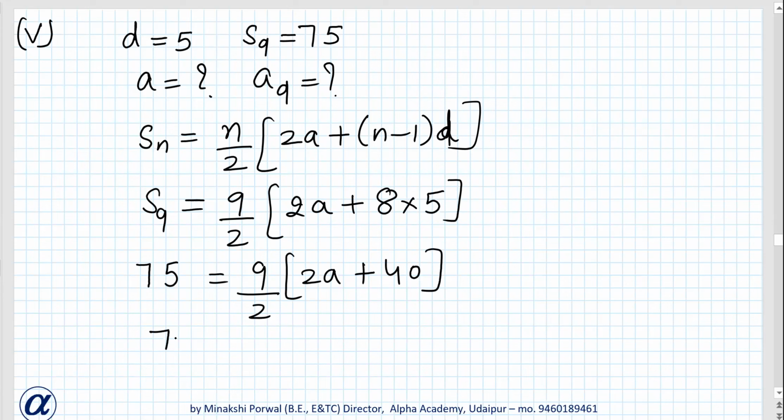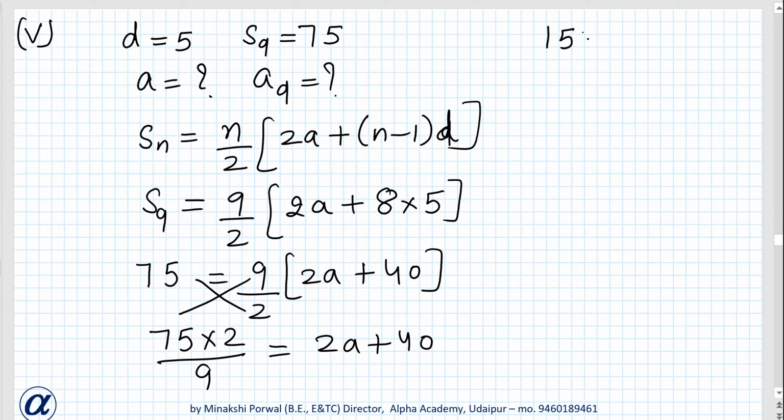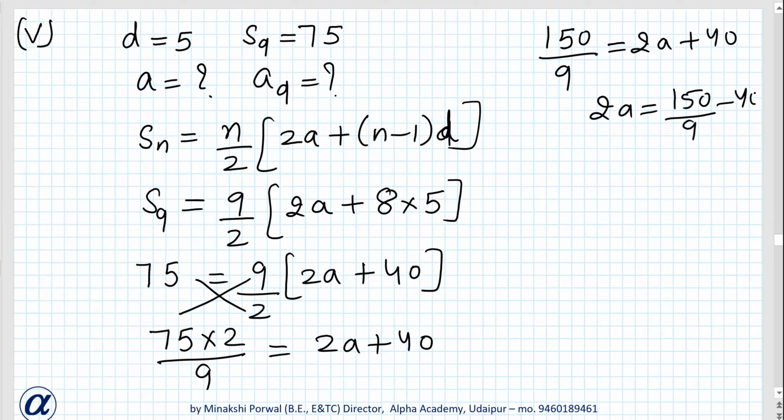So 75 equals 9 by 2 times 2A plus 40. So this will be 75 into 2 upon 9, basically we are sending this here, equals 2A plus 40. So 150 upon 9 equals 2A plus 40, or 2A equals 150 upon 9 minus 40.